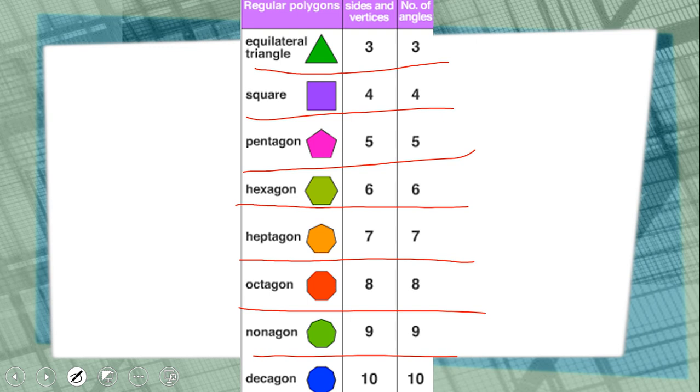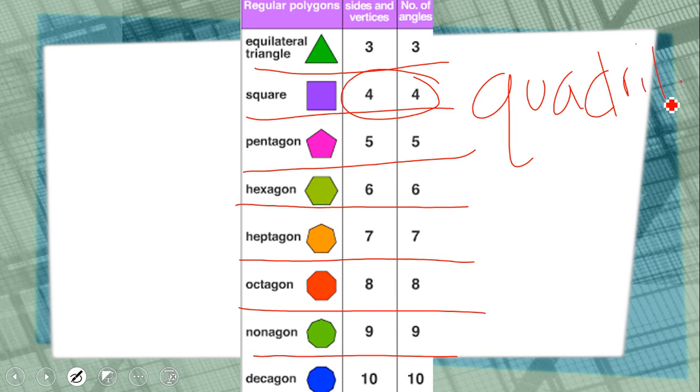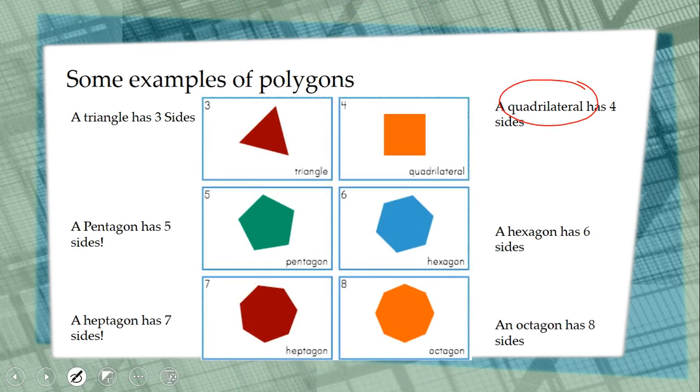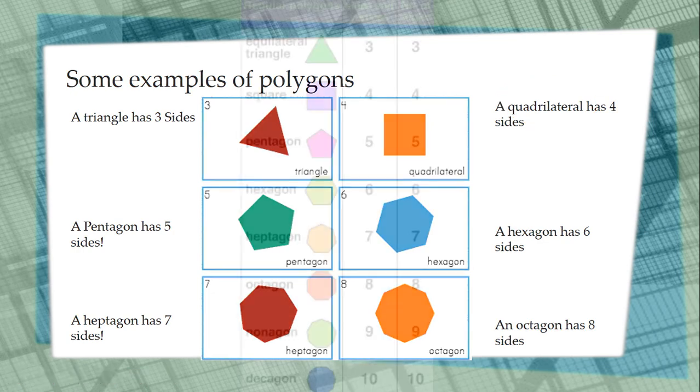We'll find out. Okay, but remember that anything with 4 sides is actually also called a quadrilateral. So if we go back, a quadrilateral has 4 sides, and that covers a square, a rectangle, a diamond, all of the 4-sided shapes, okay?